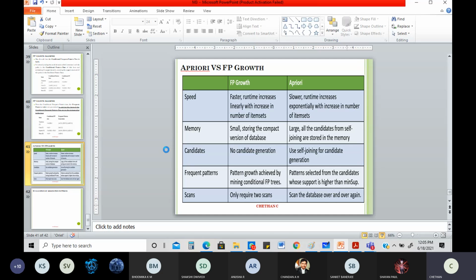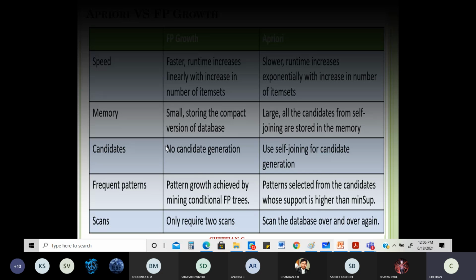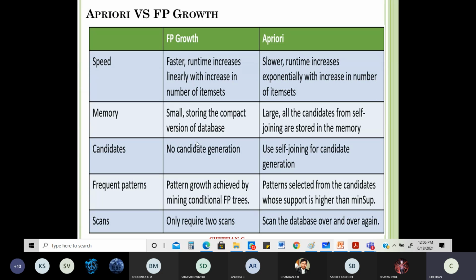Anyway, what are the things that we are talking about? The last part is with regard to the difference between FP growth algorithm and Apriori algorithm. Now, all these differences can be written even as advantages and disadvantages. With regard to speed, FP growth is faster. Why is it faster? Because you are scanning the database fewer times.